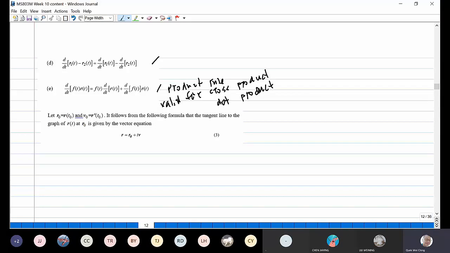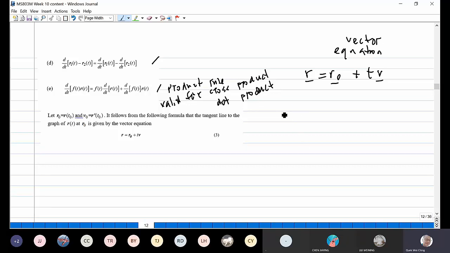So I'll show you that the vector equation is this one, r0 plus tv. You can make it into the parametric equation.